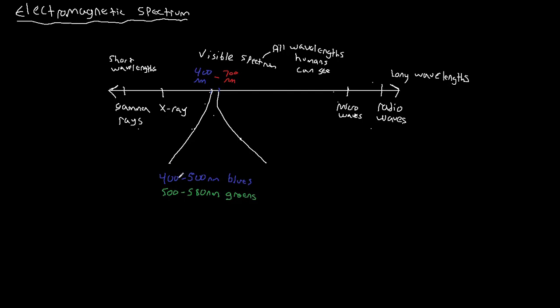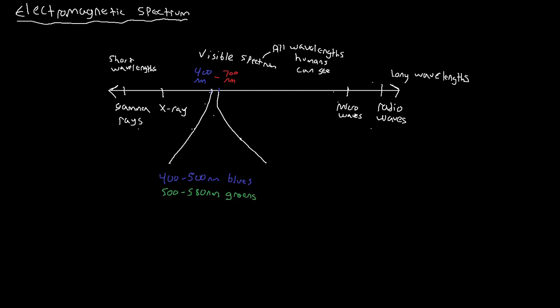That distance from crest to crest. And now I'm tying it in with the colors that we're familiar with in our everyday life. So if the wavelength is between 400 to 500 nanometers, right, our human perception would see those wavelengths as blue. 500 to 580, our eyes would perceive those wavelengths as green.